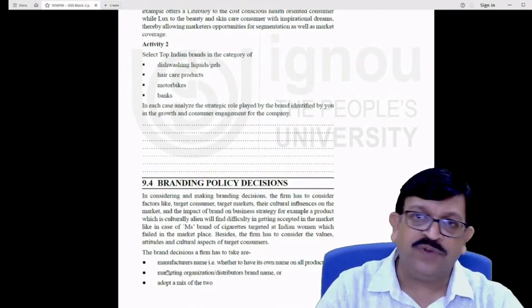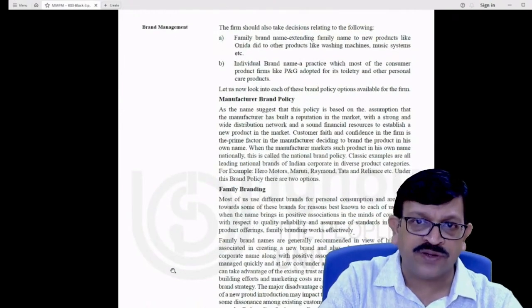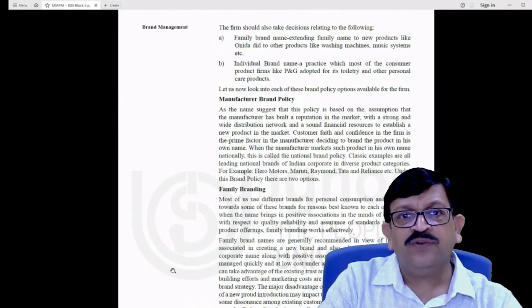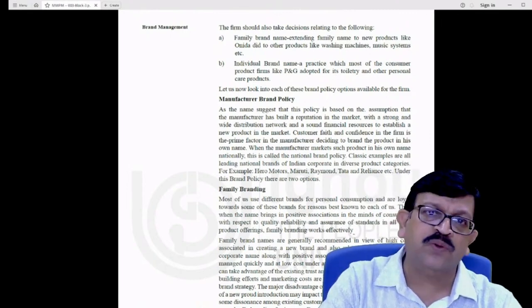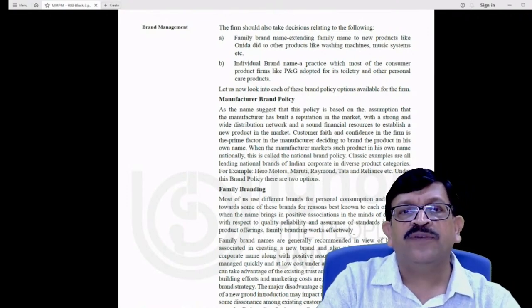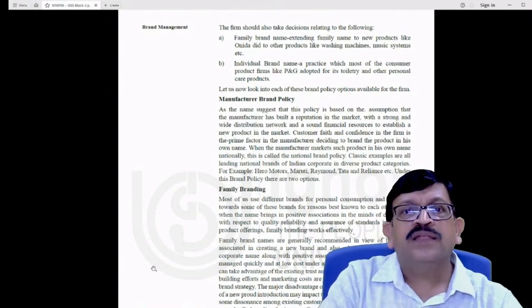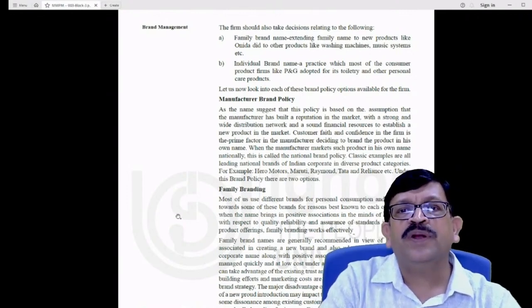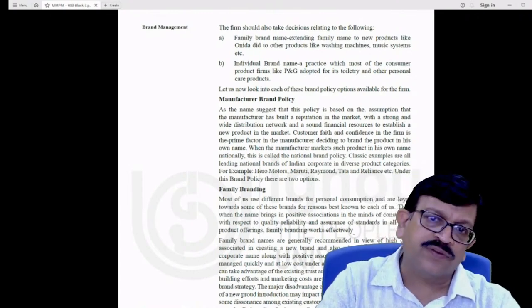So the origin where you are coming from needs to be there, because it helps in identification in the marketplace. There are a few policy level decisions which are taken with respect to the brand. One is obviously the family brand name, which extends the family name to new products. The other one is the individual brand name, a practice which is followed for most of the products like in the FMCG sector.